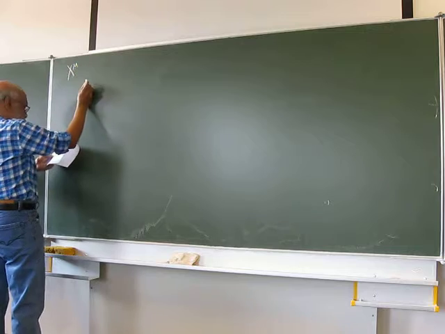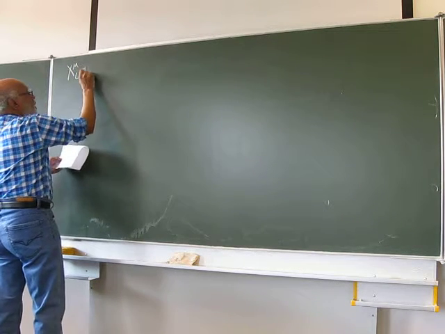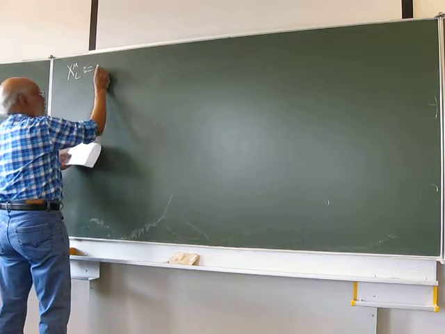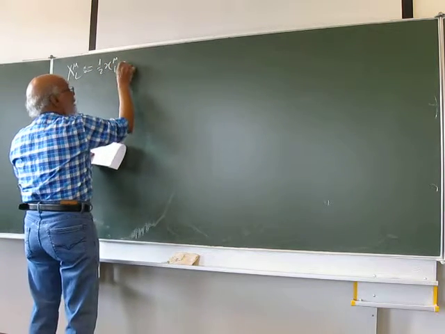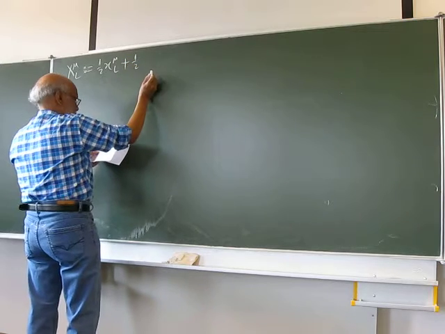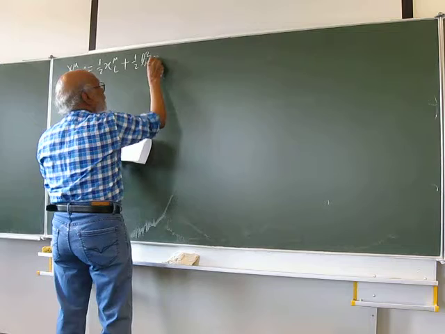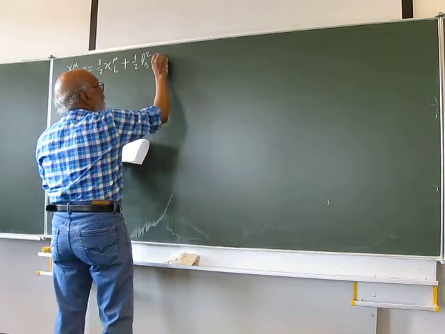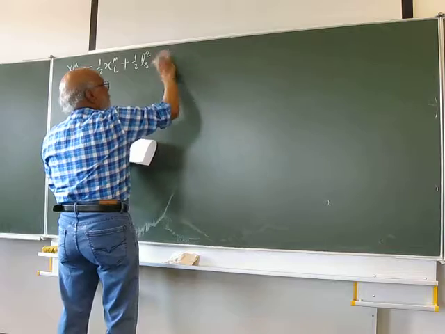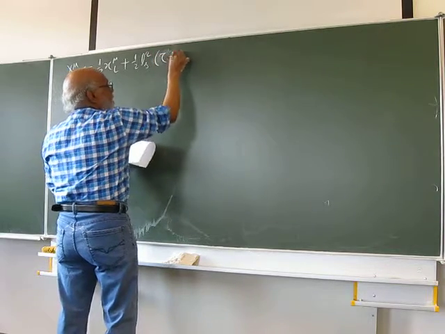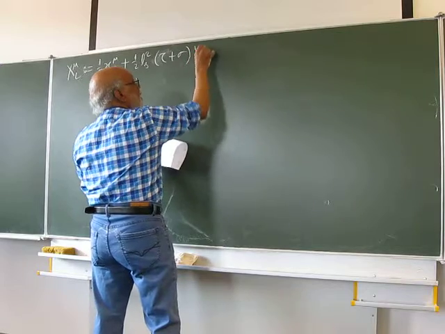X mu L is 1/2 x mu L plus 1/2 l_s squared, tau plus sigma, let me write tau plus sigma for a different region so that you can do mental calculation.